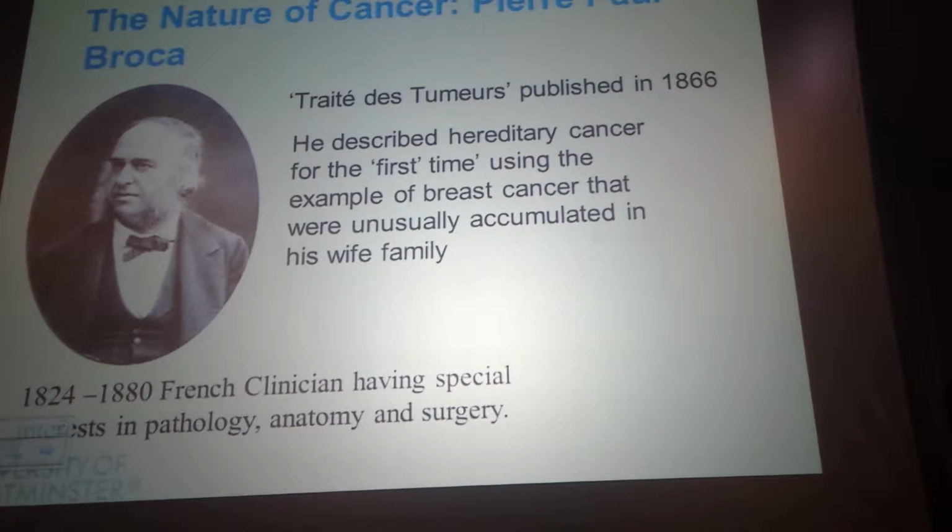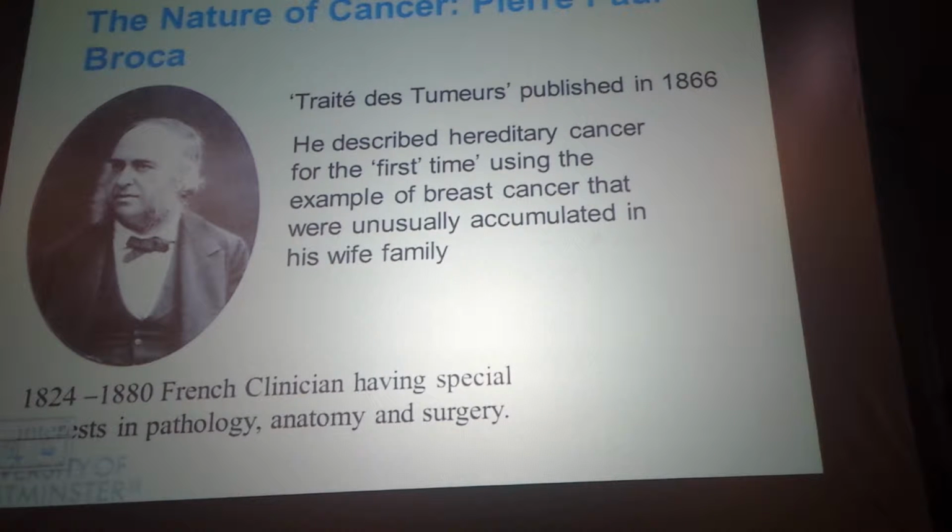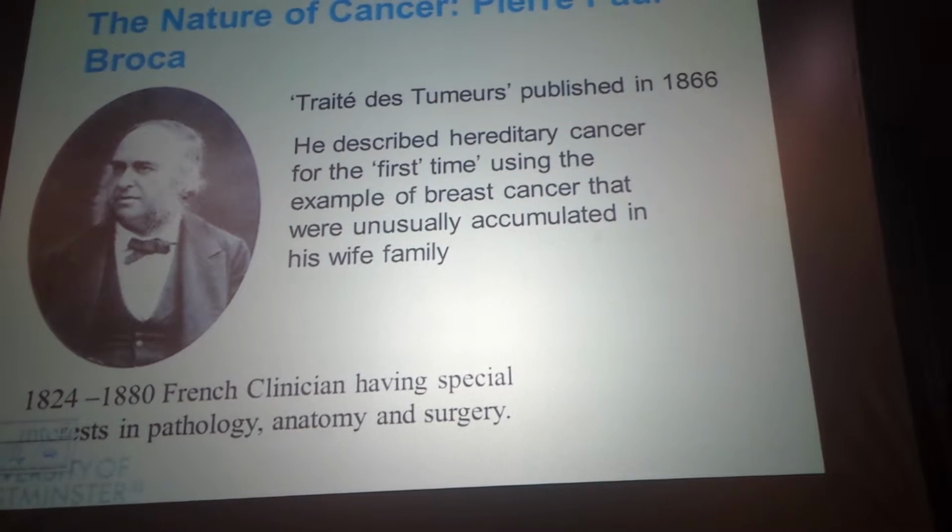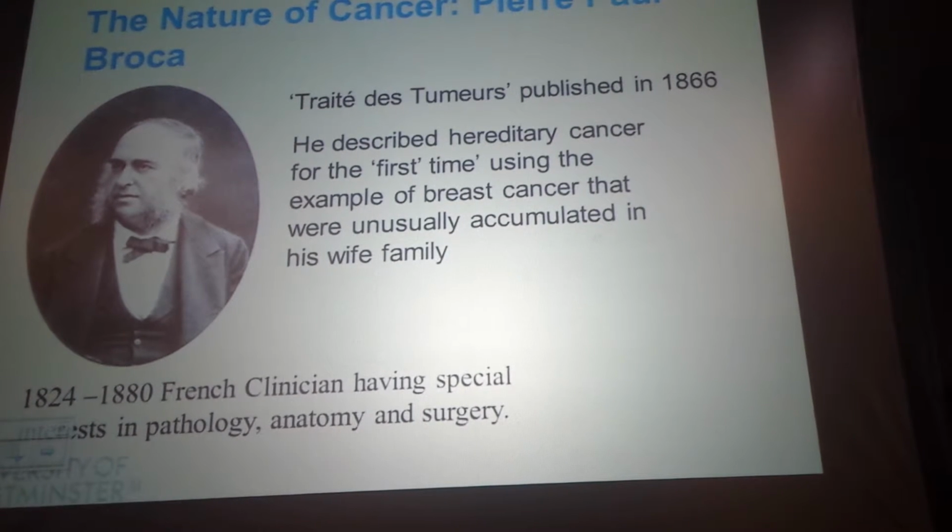Pierre-Paul Broca, who is a French clinician interested in pathology, anatomy, and surgery, actually published in 1866 treatises on tumors. At the time, the concept of genes was not known, but what he found out is that his wife and his family, lots of different generations, had breast cancers.